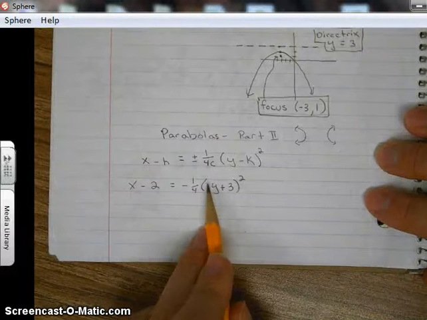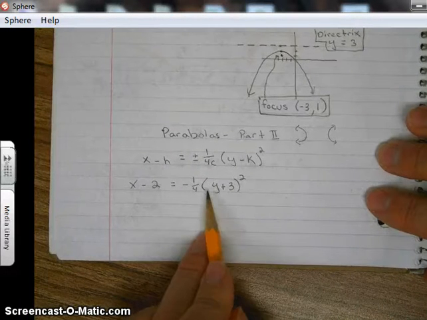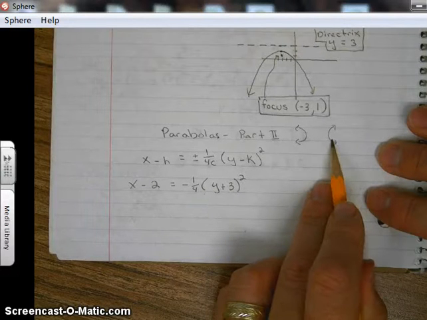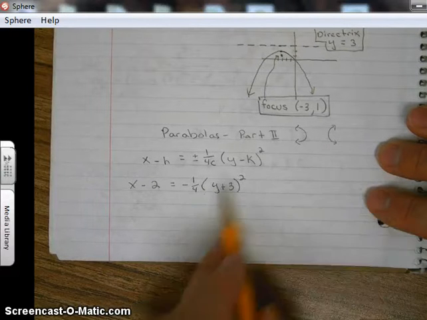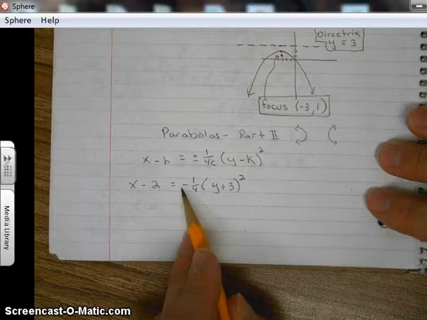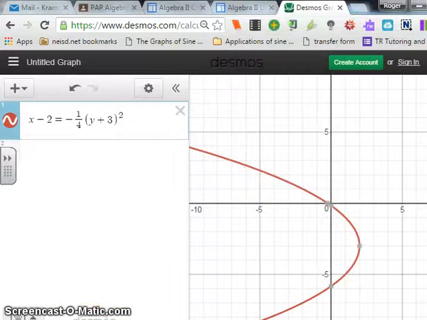When the y is squared, we're going to have a horizontal parabola opening left or right. In this case, since it's negative, this parabola is going to open to the left.